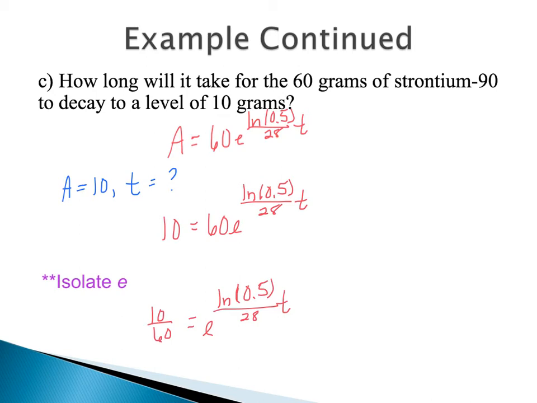But 10 over 60 we can rewrite as just 1/6 equals e to the natural log of 0.5 over 28 times t. So that's just isolating e.